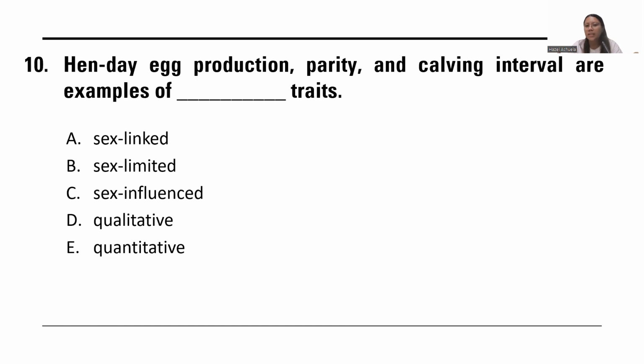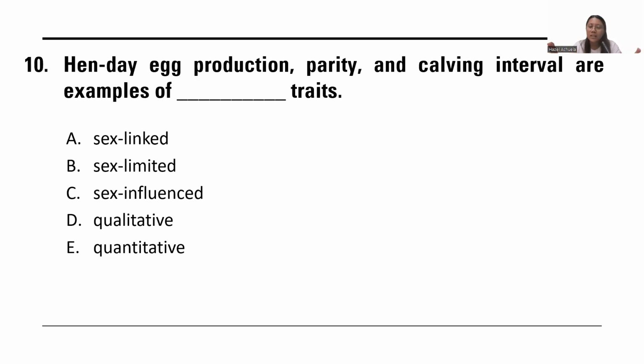Yun namang quantitative trait, you measure them in terms of numbers. O, ang halimbawa ng qualitative trait ay coat color. Di ba ang coat color, meron lang tayong halimbawa yung mga coat color sa baka ay black coat color, red coat color, white coat color, yung mga ganon. Distinct or discrete yung mga variables.